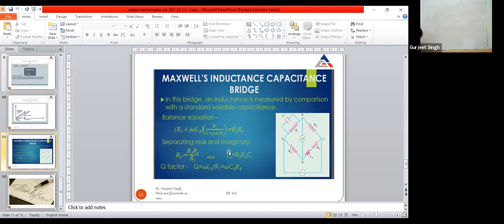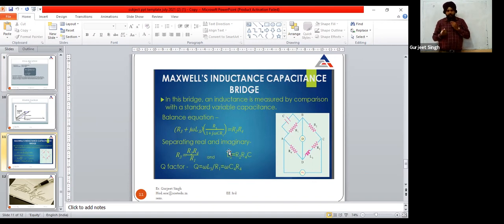Generally, in the question, the examiner says: explain the Maxwell inductance capacitance bridge, write down the characteristic equations, and also find the equations of the unknown inductance and resistance. So the question comes like this: explain the Maxwell inductance capacitance bridge and find the values of L1 and R1. Whenever such a question comes, the first 2-3 lines are common.